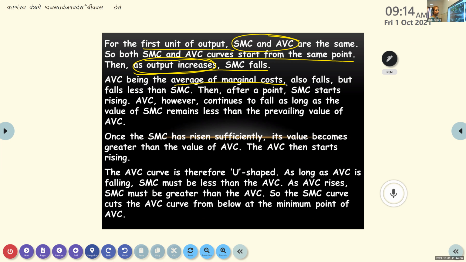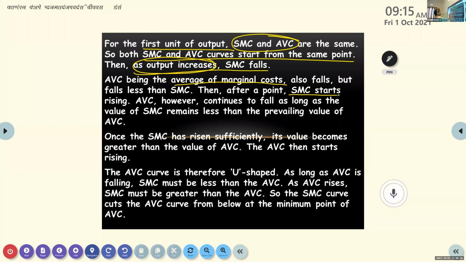That is why the AVC curve lies above the MC curve. Both are falling in the beginning, but the SMC curve, or MC curve, is falling more than the AVC curve. That is why AVC lies above the MC curve.